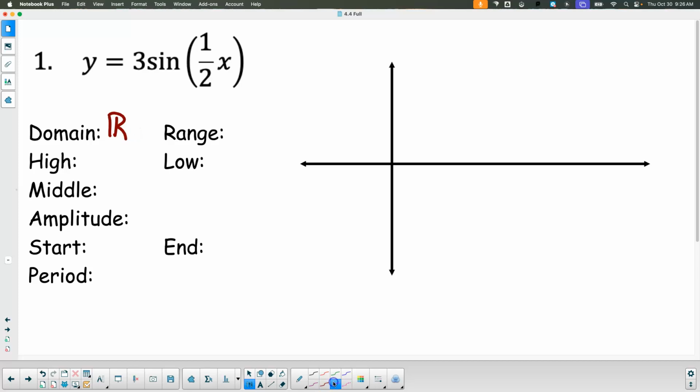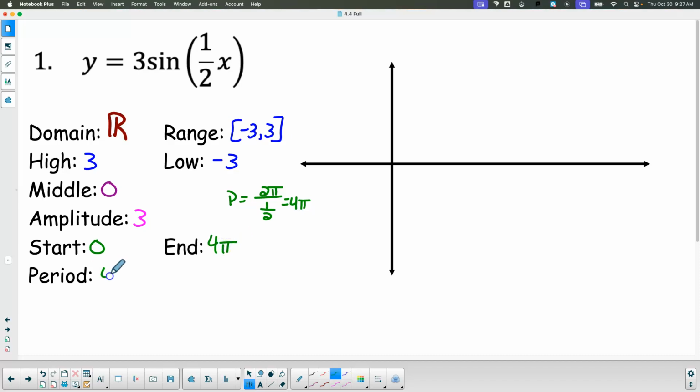All real numbers for the domain. My amplitude is 3. My middle is 0, which means it goes up to 3, down to negative 3. Starting at 0. Ending at 4 pi. We got a sine, no negatives anywhere, so that's a normal sine curve.